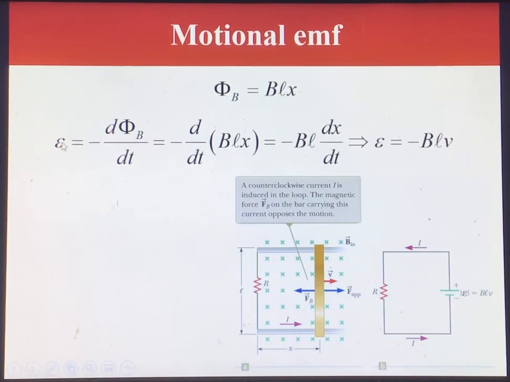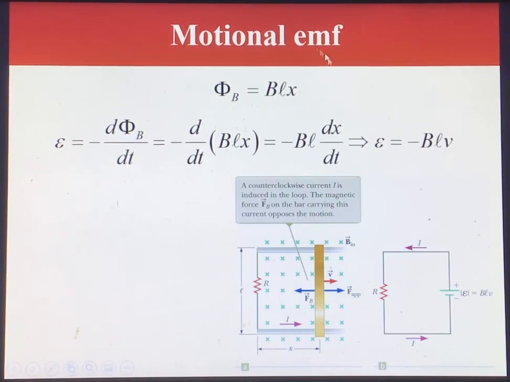Now, when I calculate my induced EMF, which is equal to negative the derivative of the magnetic flux with respect to time, notice that this is just given by negative BL times dx/dt. And because dx/dt is just the velocity, then I can calculate my induced EMF using this equation right here. So this is a second way to derive the motional electromotive force.